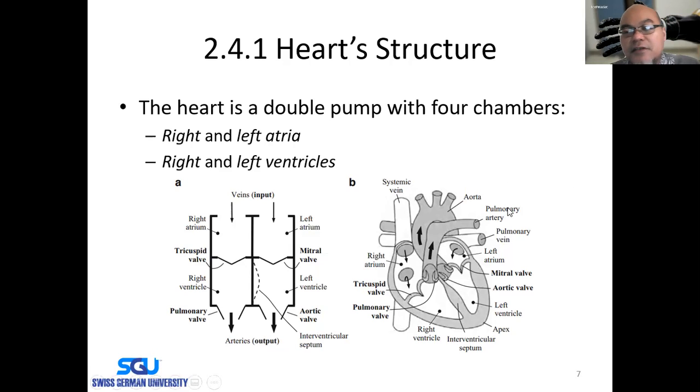Then that oxygen-rich blood will go again through the pulmonary vein to the left atrium, on the upper left side, then into the left ventricle through this mitral valve, and before being pumped through the aortic valve, through the aorta, and then distributed throughout the whole body via the systemic circulation loop.